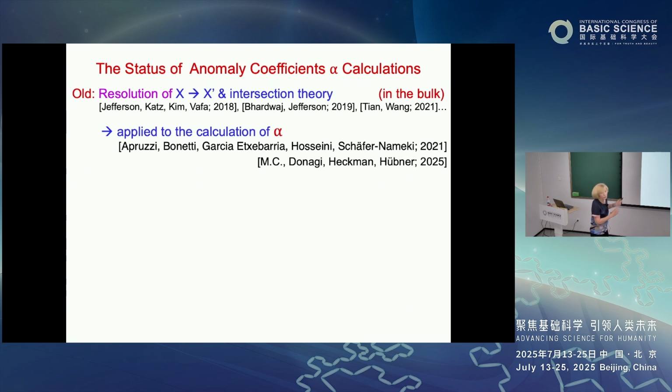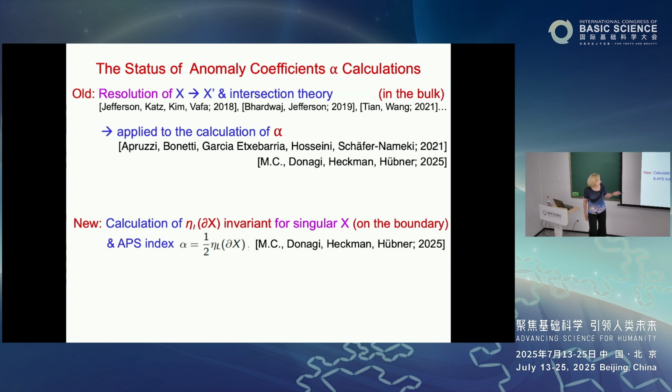And this is the old story. Okay? New story. We do only the singular space and get the results from the APS index that the same anomaly is associated precisely with the Eta invariant on the boundary. No resolution. If somebody calculates that for me, I have an anomaly.